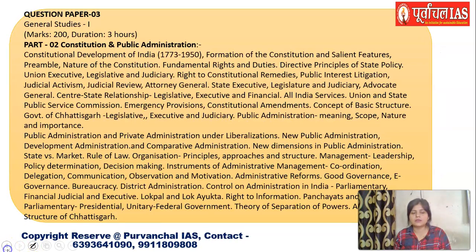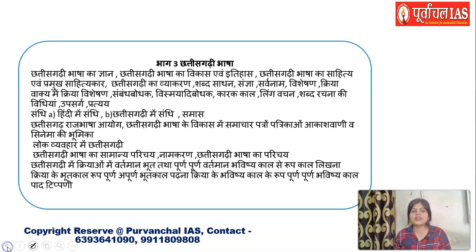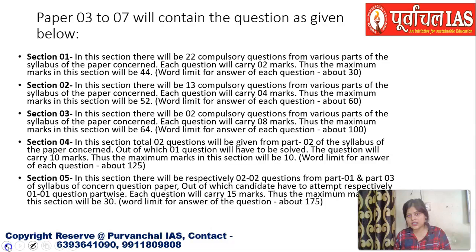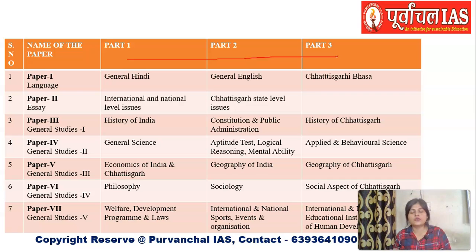Please read the syllabus. First of all, go through the syllabus, try to understand the pattern. Then do a question paper analysis, that is the previous paper analysis of prelims as well as mains. See these parts carefully. Note down in your notebook which are the overlapping topics and which are the topics exclusively for mains.